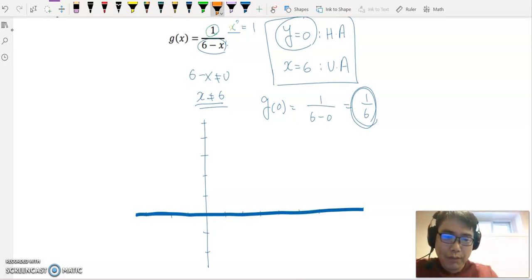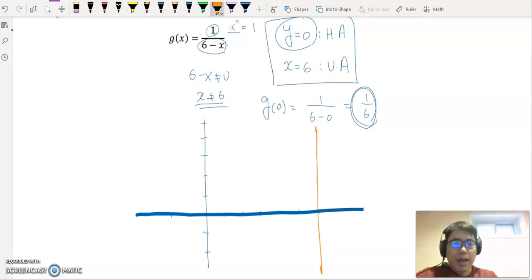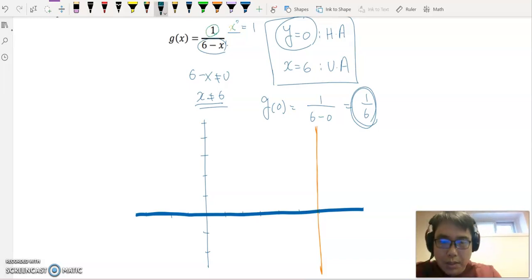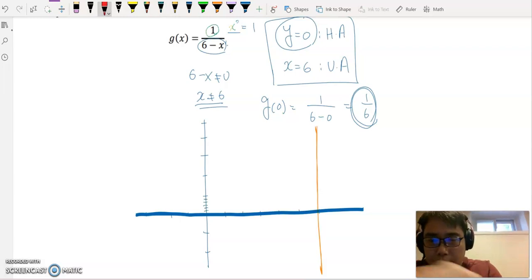So 1, 2, 3, 4, 5, 6, right here. Okay, now I also indicate the y-intercept, which is 1 over 6. So 1 over 6 is around here.